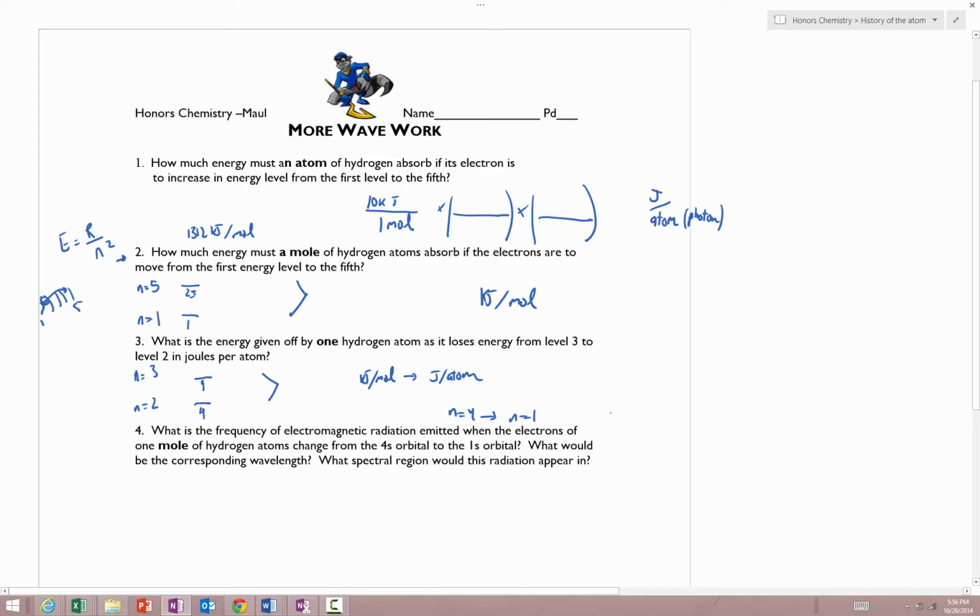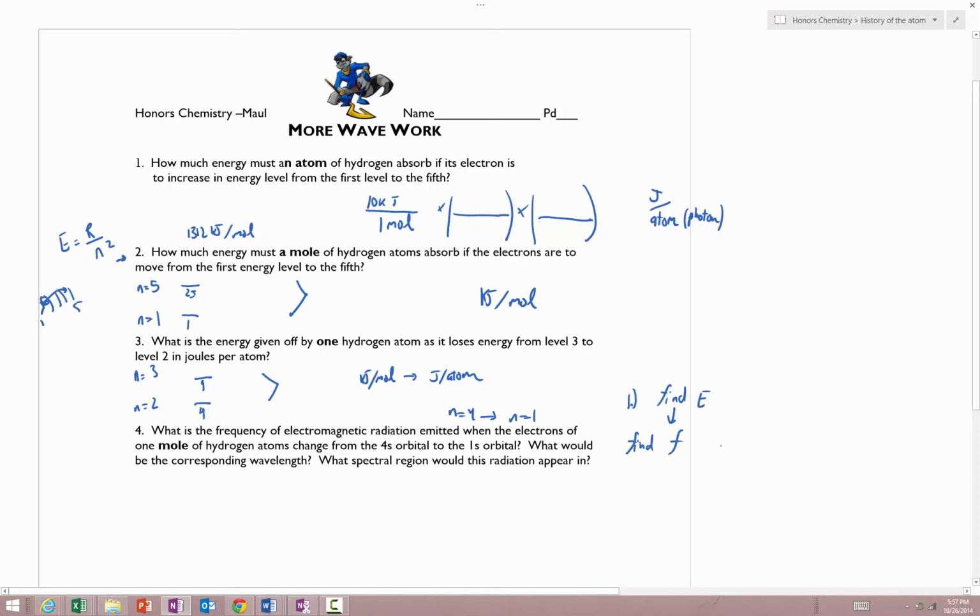Because we're talking about light, for this one we're going to go step by step. First, we find the energy using the same method we did in the last couple of problems. Once we have the energy, our goal is to figure out what kind of light it is, so we have to calculate the frequency.